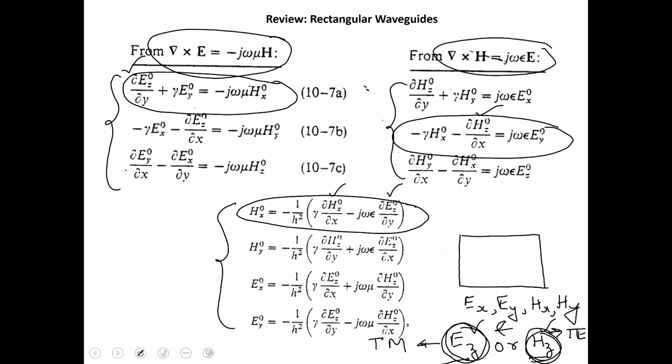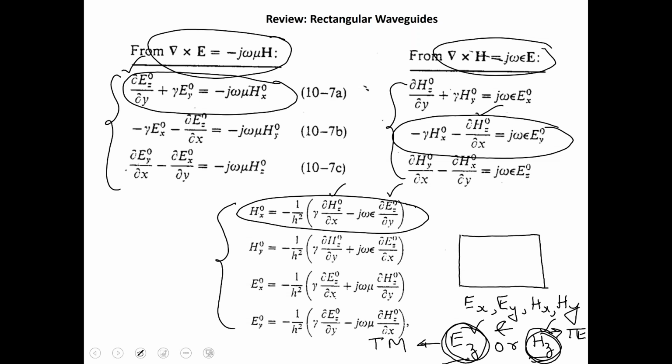Again, remember, these are five fields. The TE mode and the TM mode now are going to have five fields. It's as if there are five different hands of the same mode. All these five components are part of the mode. It's not that each of them is a separate mode.